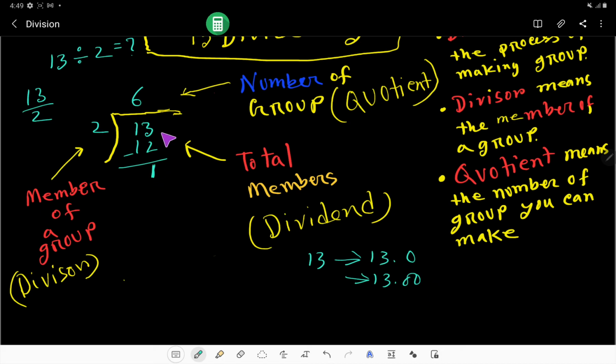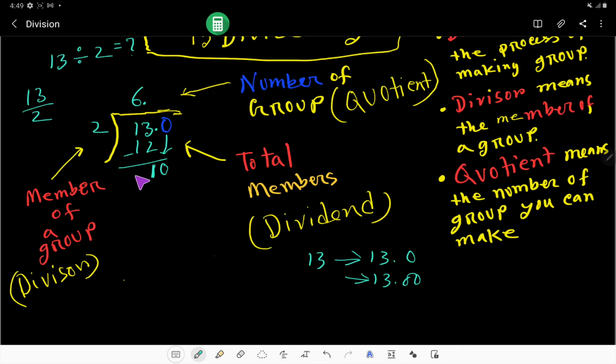So here 1 is smaller than 2, that is, 2 doesn't go into 1, right? So I will place a decimal point in both. After the decimal point, I can take any number of zeros, right? So I will bring down this 0.